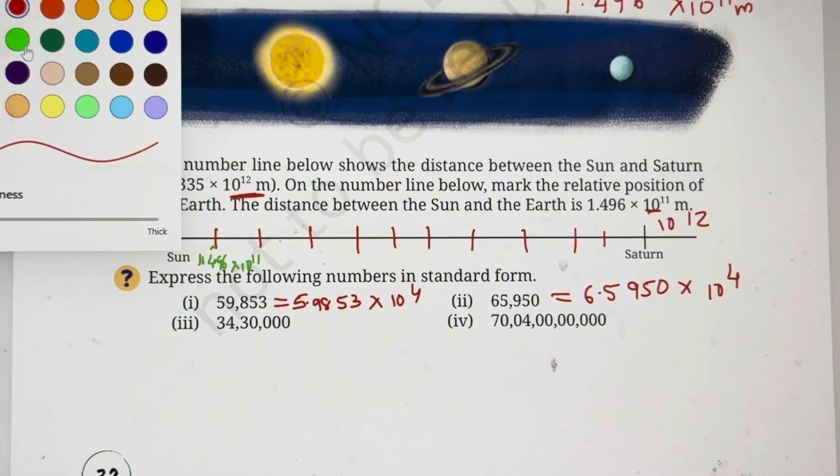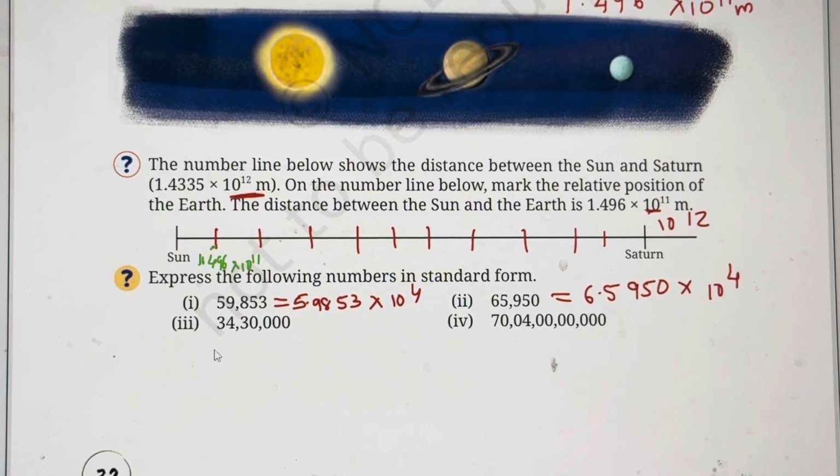Now the third question, 3.430000. So 3.43 into 10 raised to these 3 zeros and these 3 digits. So total 6 digits. So 10 raised to 6. Okay. And the last one, 7.004. Right?